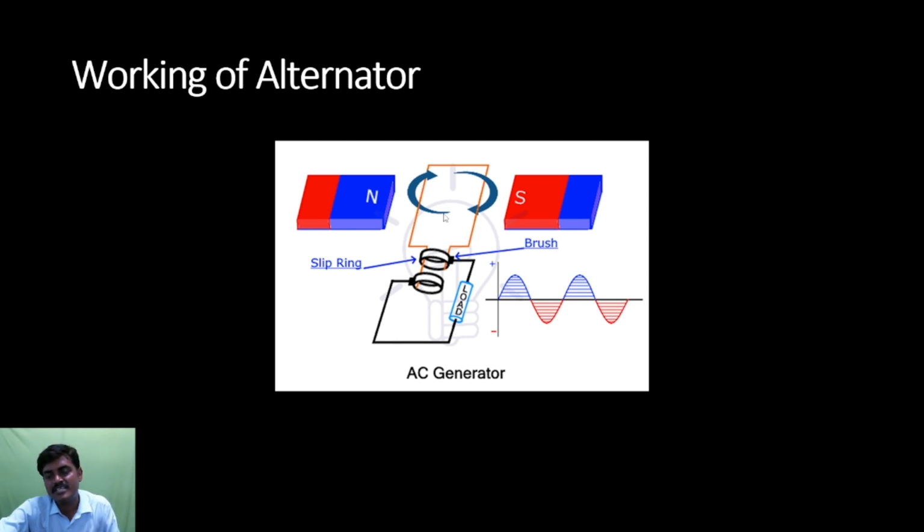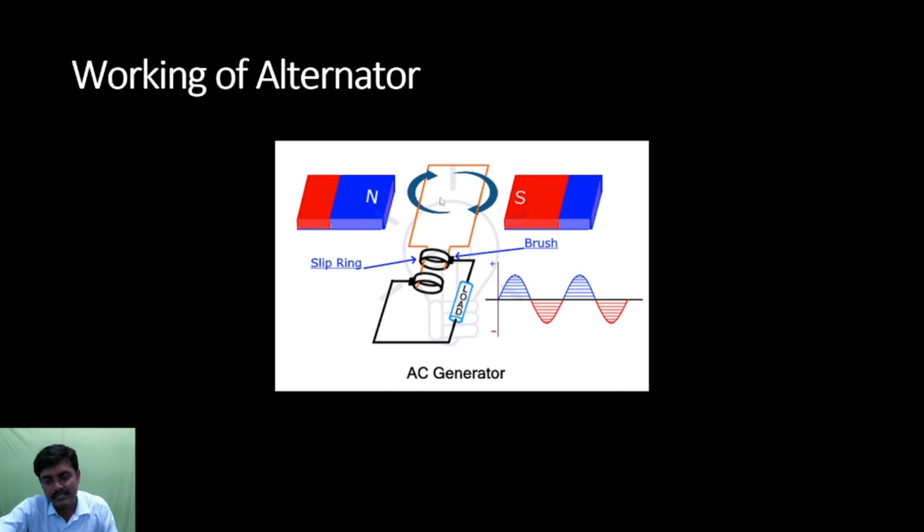If it is placed horizontally, that time the flux linkage is different, because suppose I am considering the right side of the coil, now it is nearer to the south pole. If I am considering the left side, it is nearer to the north pole.